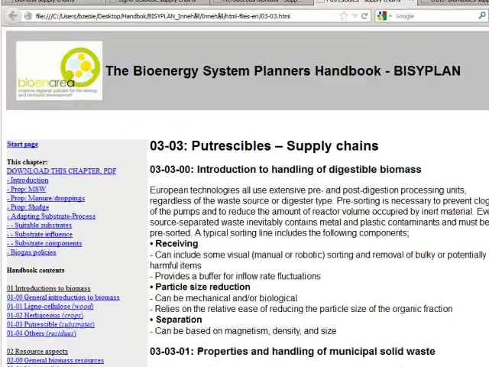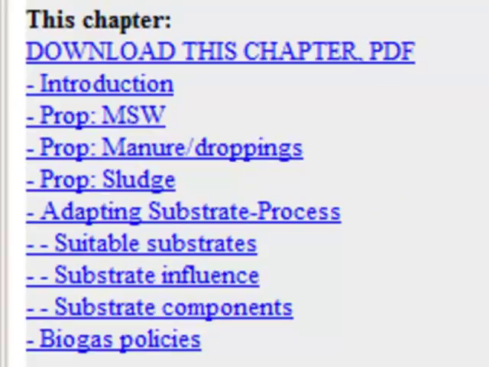Looking at the table of contents, you will realize that in very many cases the material is more or less liquid. This holds true for some of the manure and droppings from cattle, and it definitely holds true for anything that we call sludge.